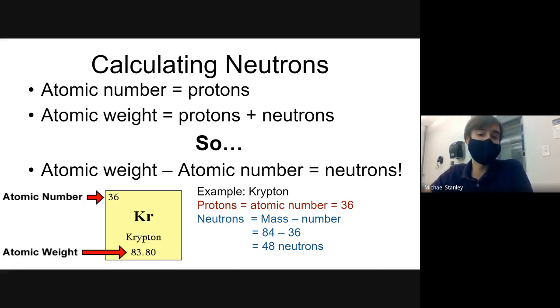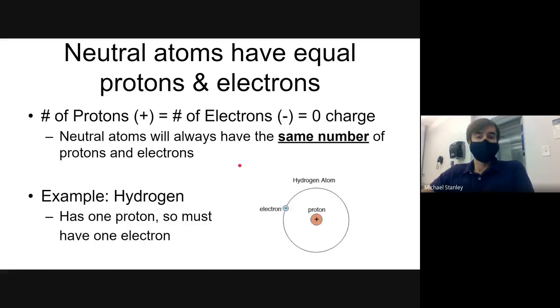Luckily, it is super duper simple. And that is because in each one of our atoms, we're dealing with what are called neutral atoms. And neutral atoms have an equal number of protons and electrons.